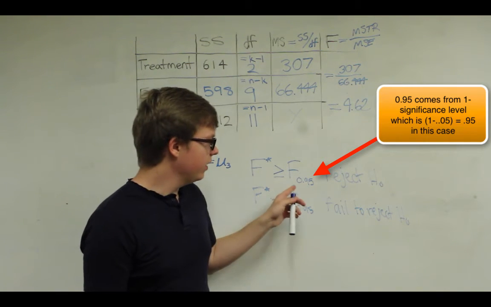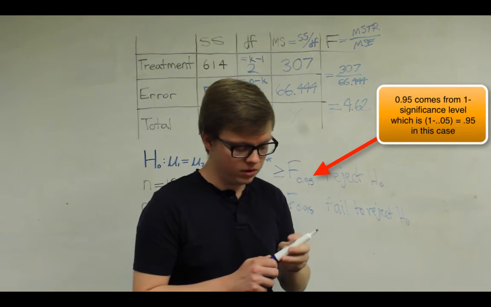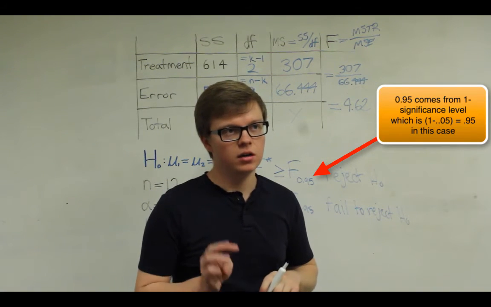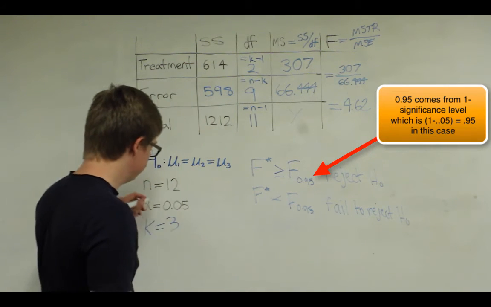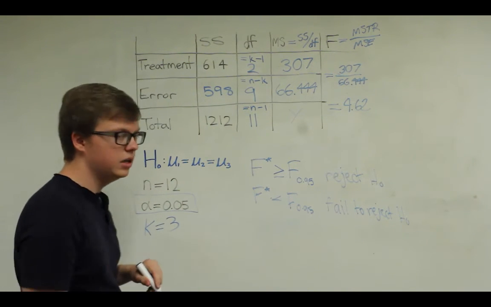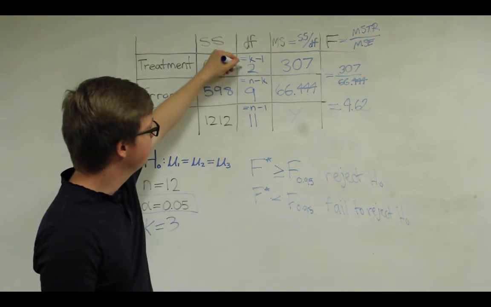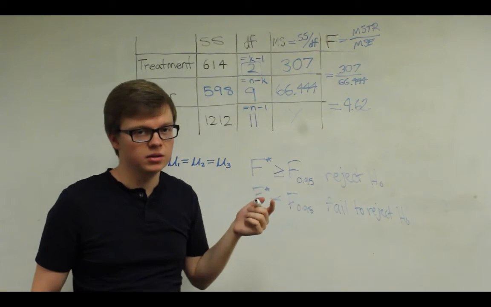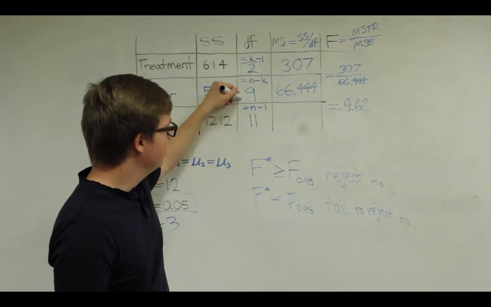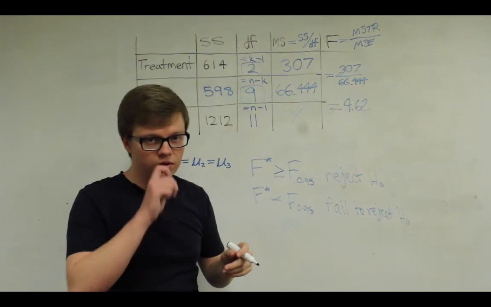And you find this from the F table. If you recall from the F table, you need 3 things. You need alpha equals 0.05. You need numerator degrees of freedom, which is the degrees of freedom due to treatment, and then your error degrees of freedom, or denominator degrees of freedom.